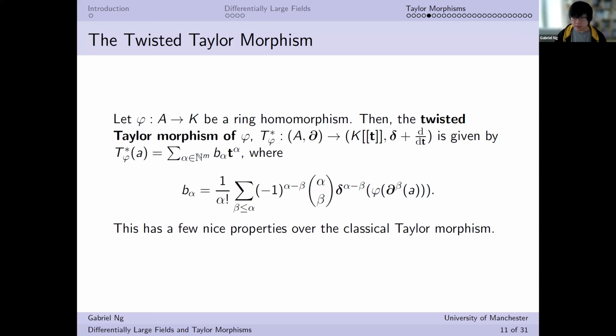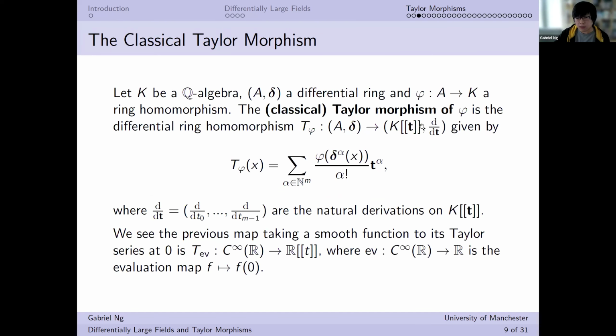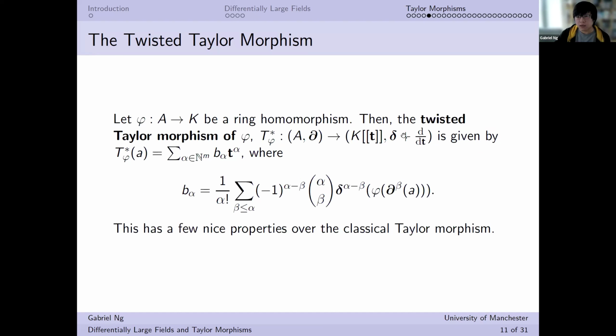I will say that this is not coming out of nowhere. There's a good reason for this formula, and we'll see a similar construction later on. But essentially, you construct a map that goes from this object to this object, which takes the Taylor morphism to this.